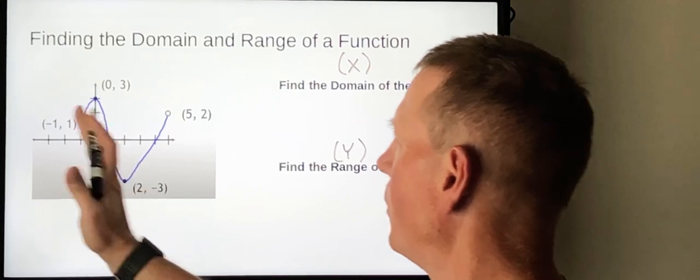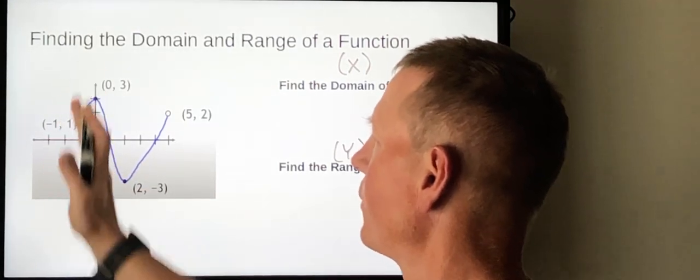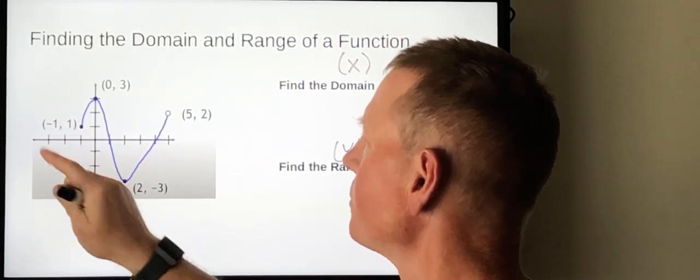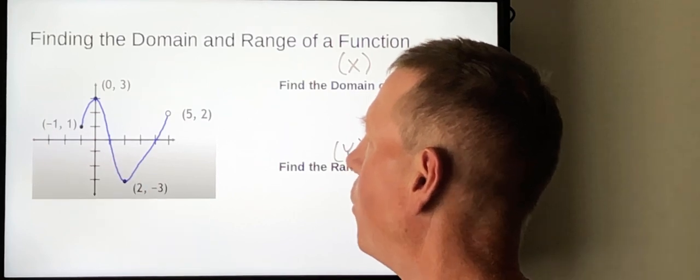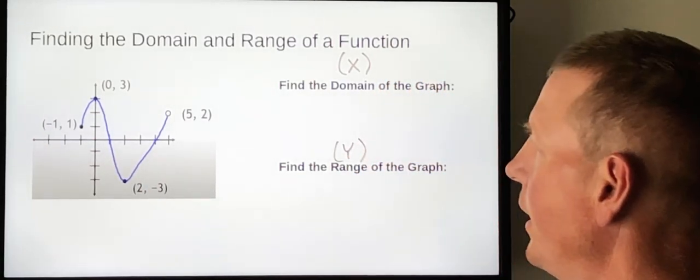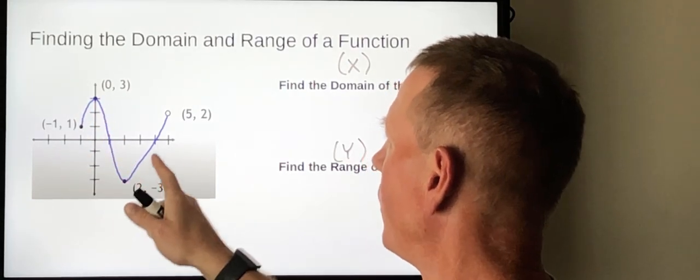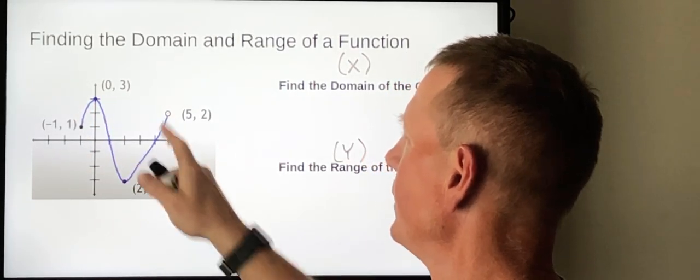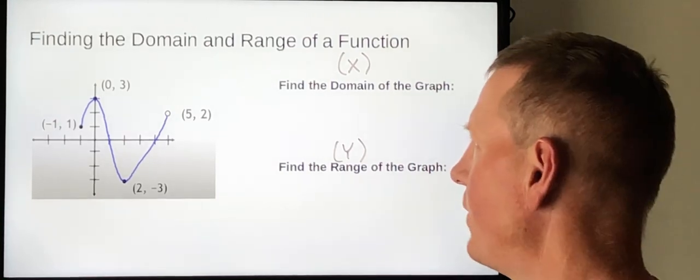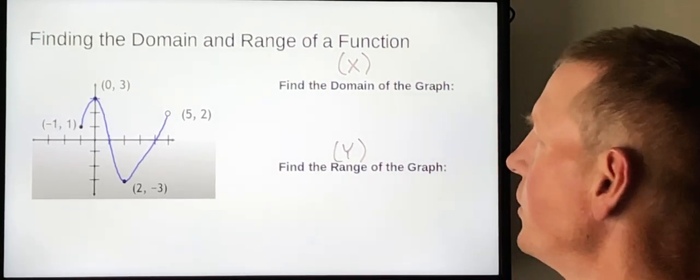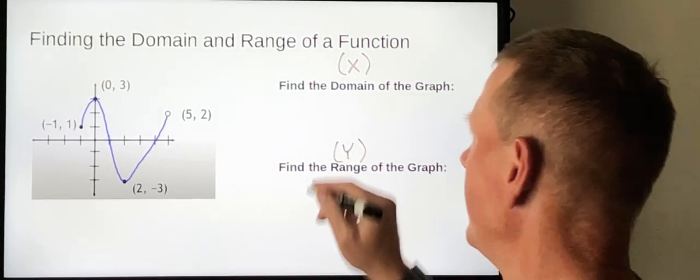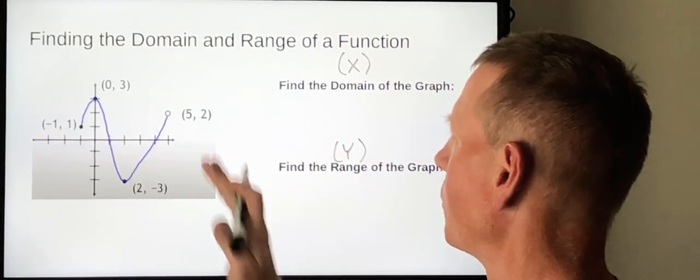So if I'm going all the way over to the left, my furthest most x value is -1. And if I go all the way across this graph, my greatest x value is going to be 5. If I were to describe the domain, we always go from left to right.